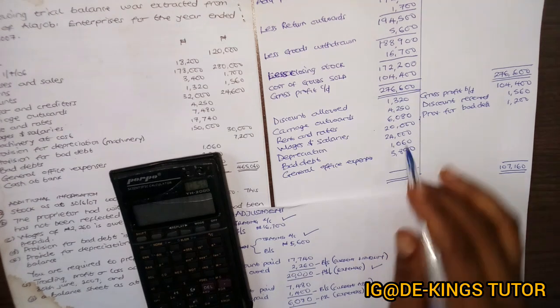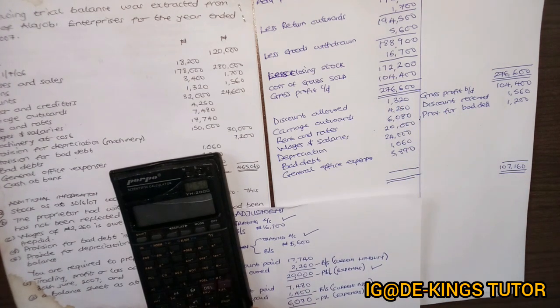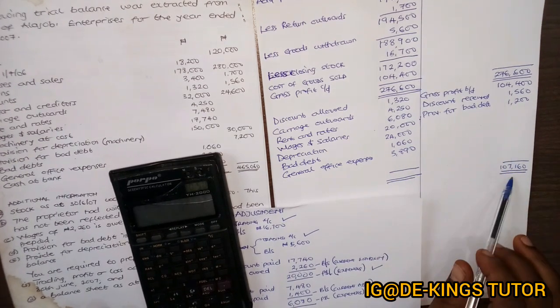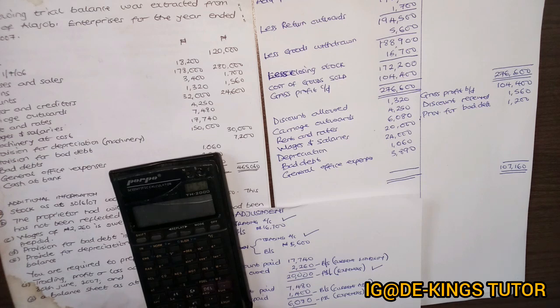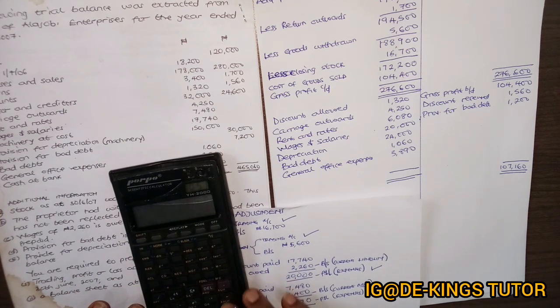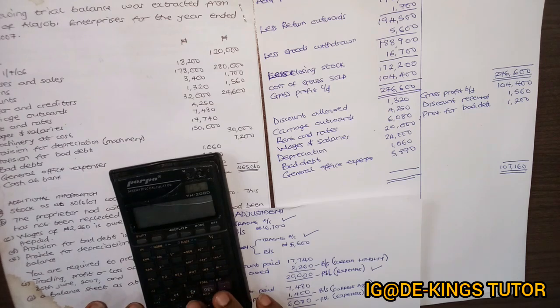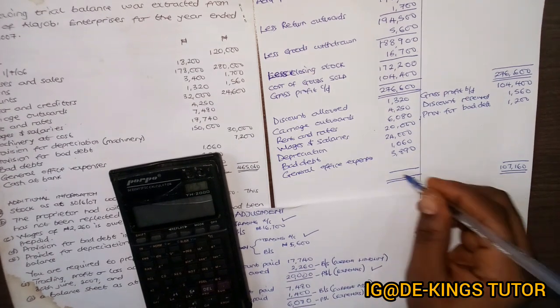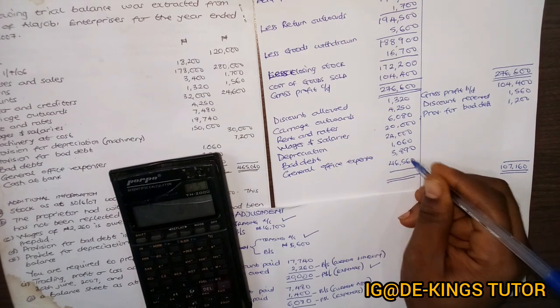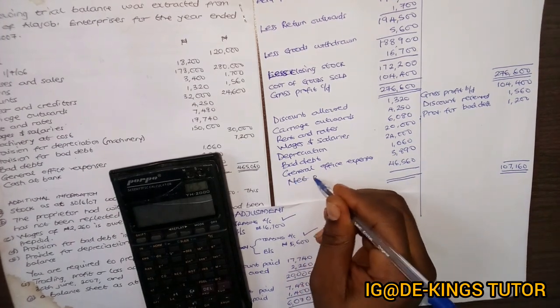Okay, so let's add these expenses: 1,320 plus 4,250 plus 6,080 plus 20,000 plus 24,000 plus 1,060 plus 3,890. So that is 60,600. So it's lesser than this, so we deduct it from 107,160. This will give us 46,560 as the net profit.